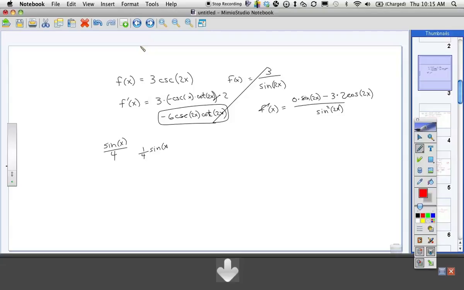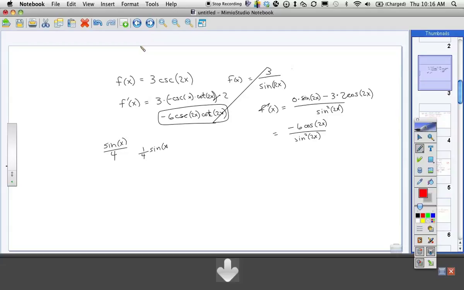So then we end up with, that's 0, so we end up with -6 cosine 2x all over sine squared 2x, right? Which is okay to leave.